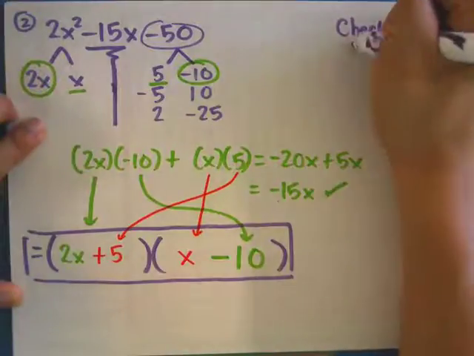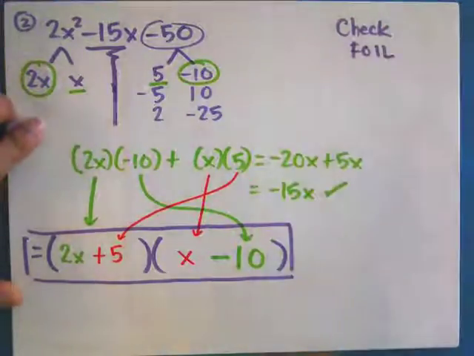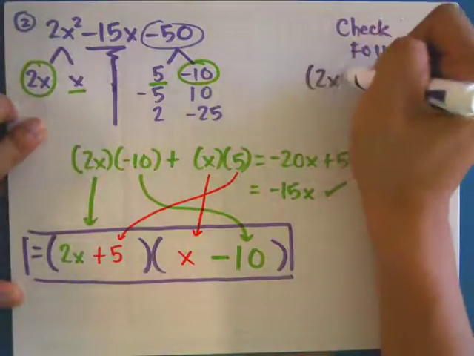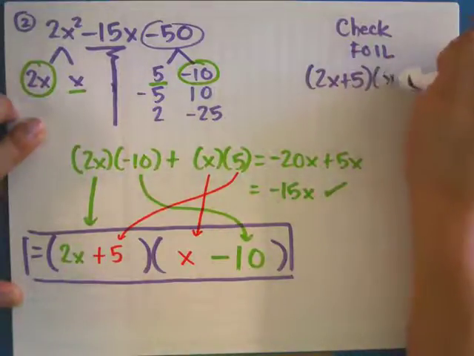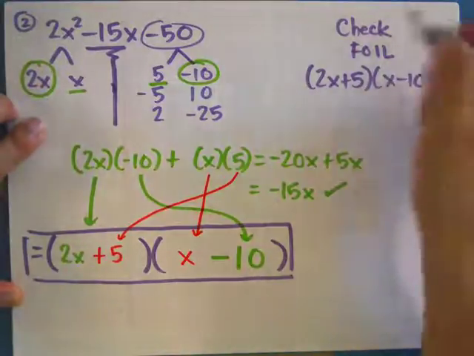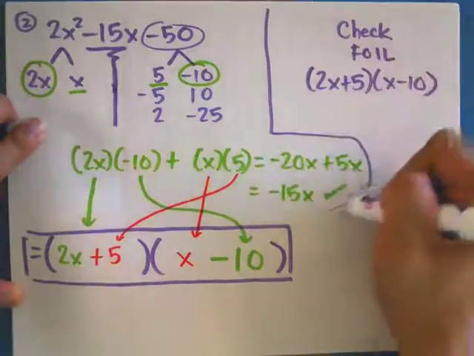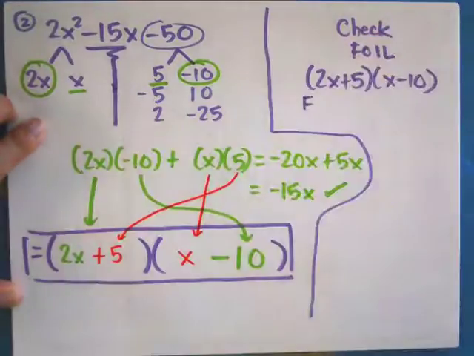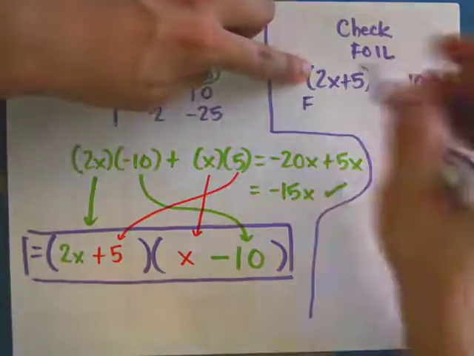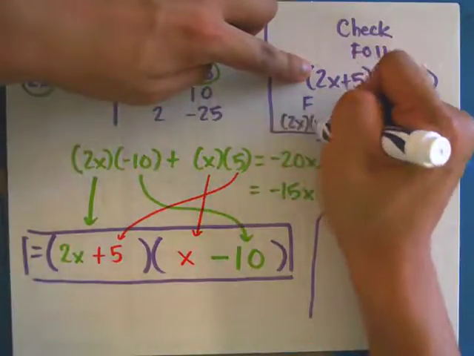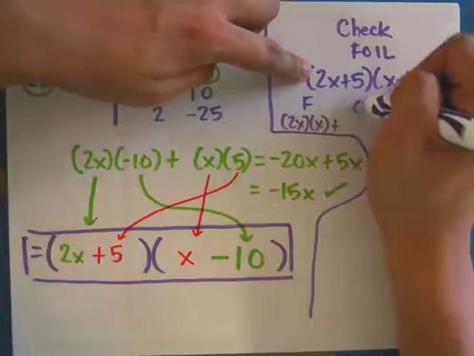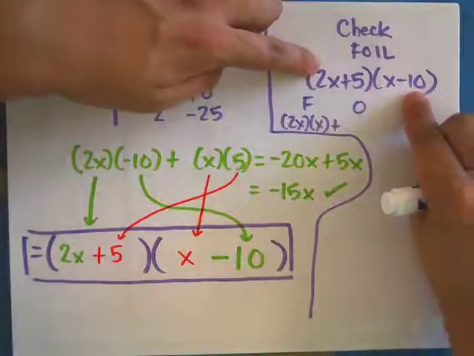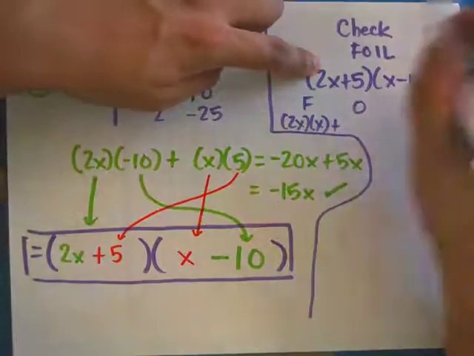If you want to check, let's just do the FOIL method on this one here. First is 2x times x, outer 2x times negative 10, so really incorporate that as a negative.